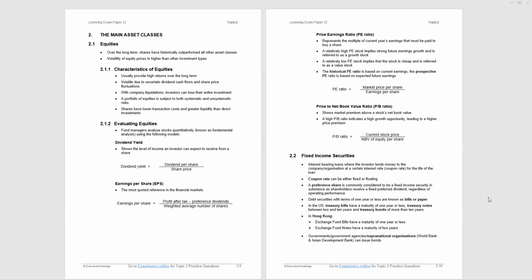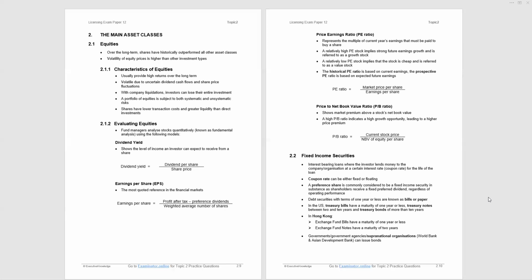And then the fourth method of evaluating equities, and this is where an important aspect is the underlying assets of the company, insurance companies, banks, for example, shows market premium above a stock's net book value. Now, high price to book indicates high growth opportunity.